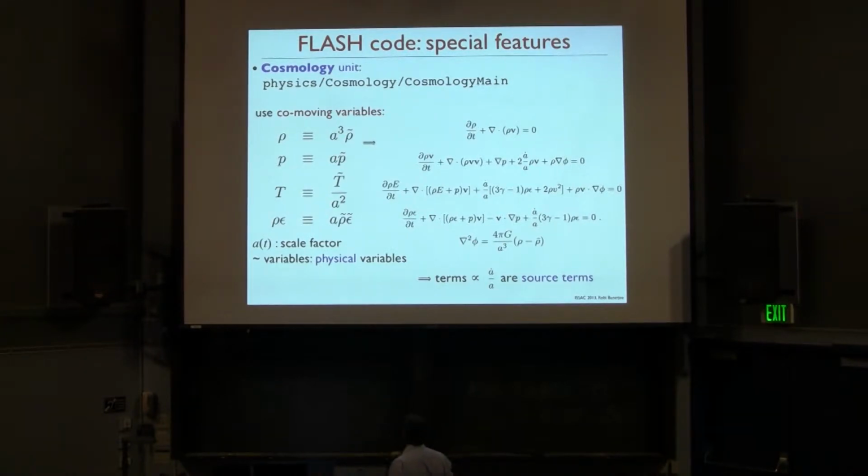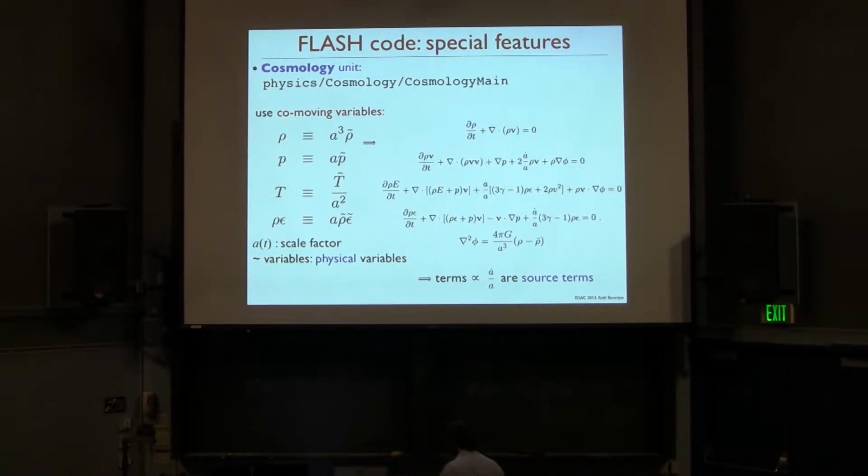Notice these are the co-moving variables, whereas the tilde variables are the physical variables at a given epoch. You use these co-moving variables and stick them into your hydro, or in this case even the MHD code, which is not shown here in the list of equations, but it should also work for magnetic fields.